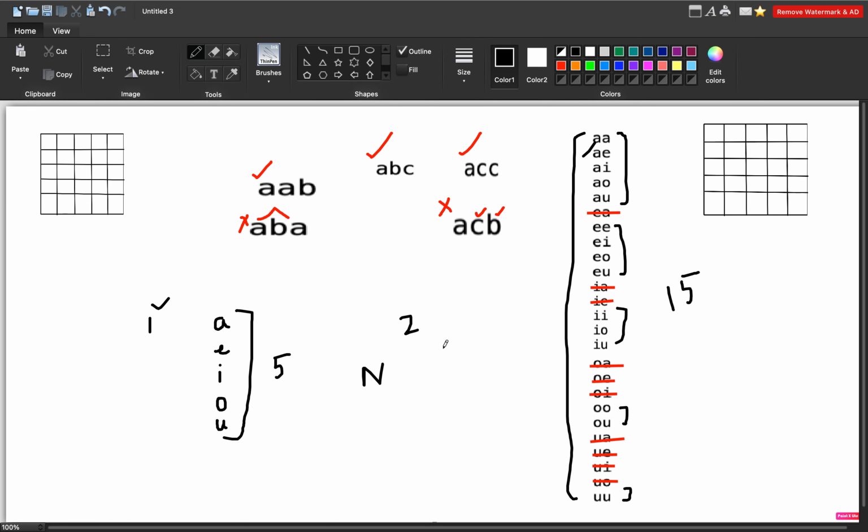Similarly, if you have to write all the strings of length n, your complexity will come out to be 5 to the power n, because you can check this, it will be 5 to the power n, which is a very high complexity, and you will have to generate all the strings. So yes, it is a very high complexity.